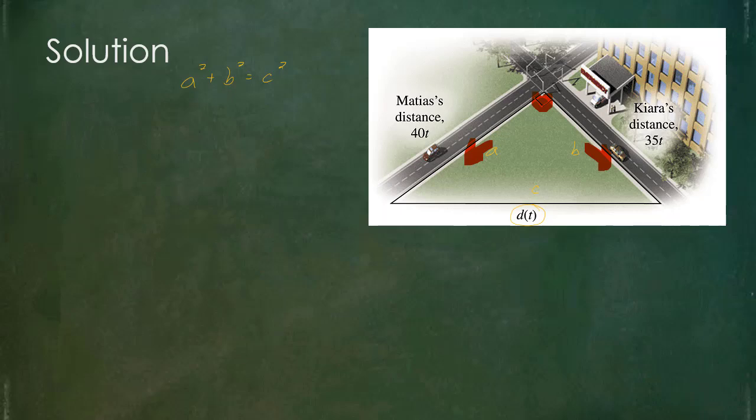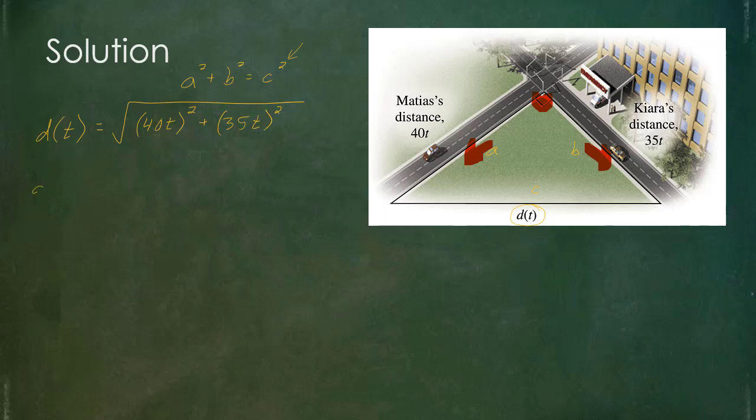So if I set that up, it looks like my distance in terms of t is going to be equivalent to the square root, because I would want to cancel this power of 2 on the c, which would then be 40t squared plus 35t squared.